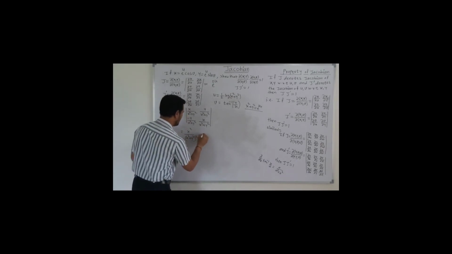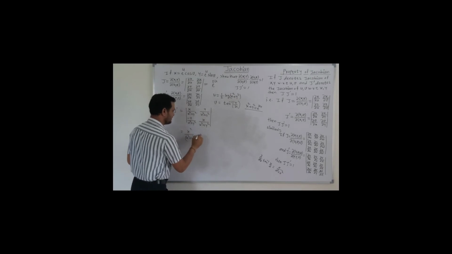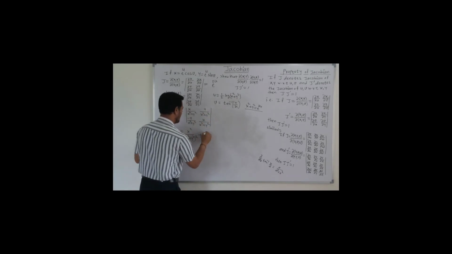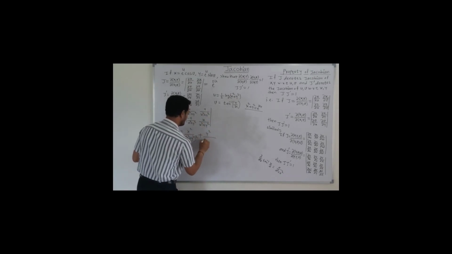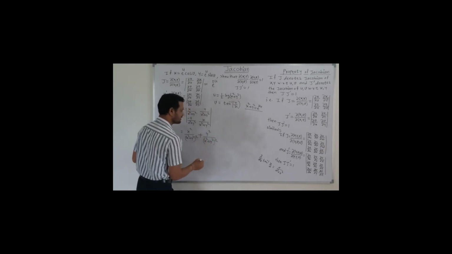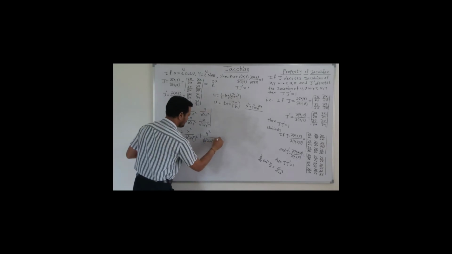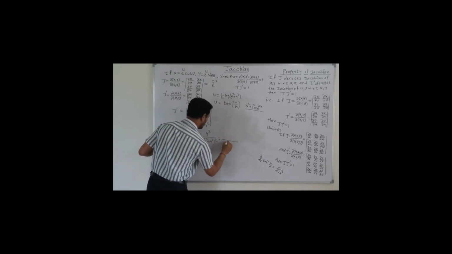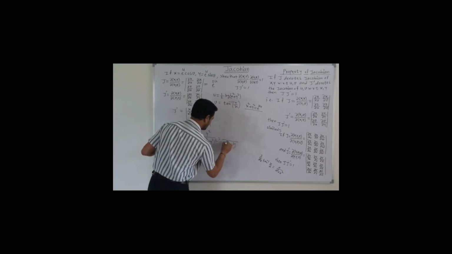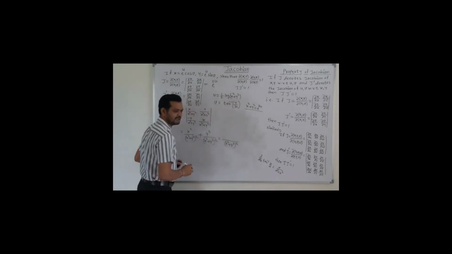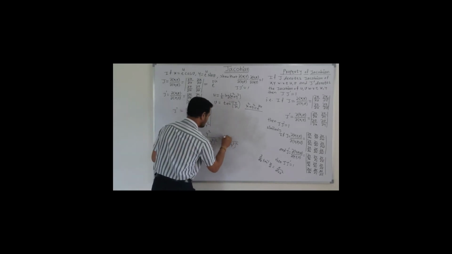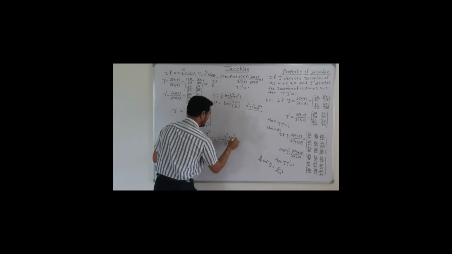Then this minus and this minus become plus, then y into y, we get y square upon x square plus y square its square. So here the denominator is common, so we can write the denominator as x square plus y square its square, then the numerator is x square plus y square.